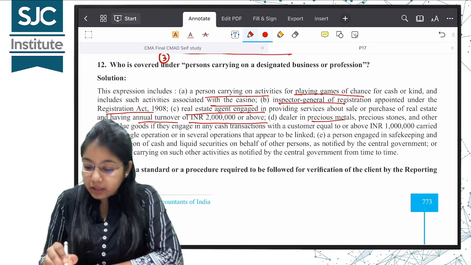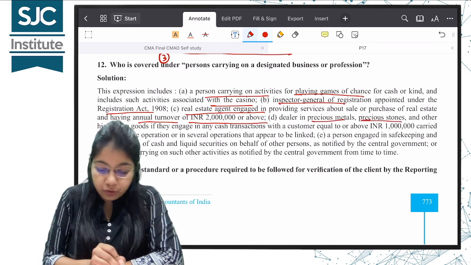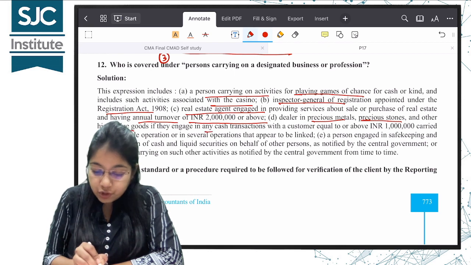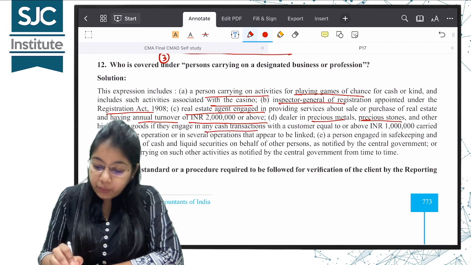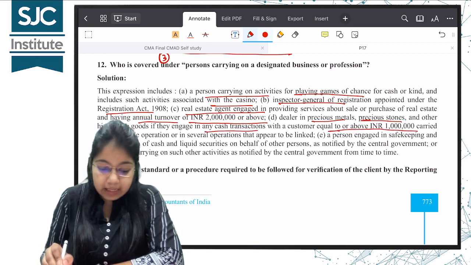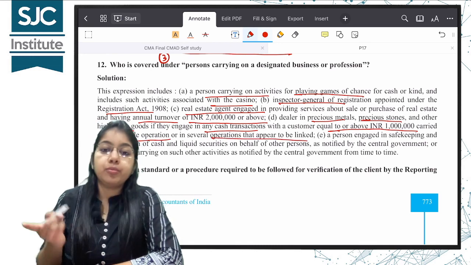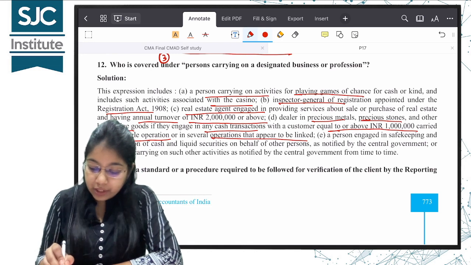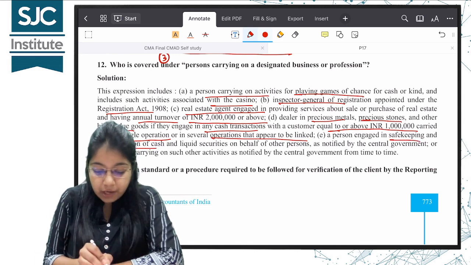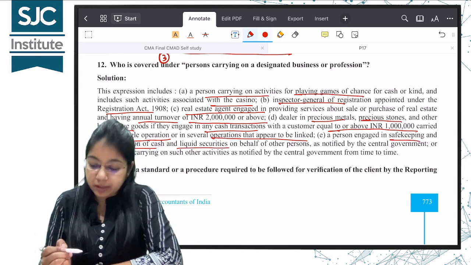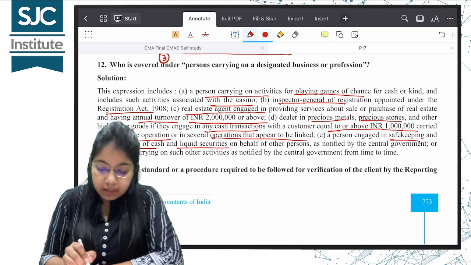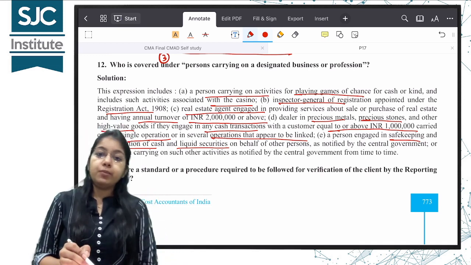Dealer in precious metals, precious stones and other high value goods, if they engage in any cash transactions with a customer equal to or above INR 10 lakhs in a single transaction or several transactions which appear to be linked. A person engaged in safekeeping and administration of cash and liquid securities on behalf of other persons, or a person carrying on such activities as may be notified by the government.